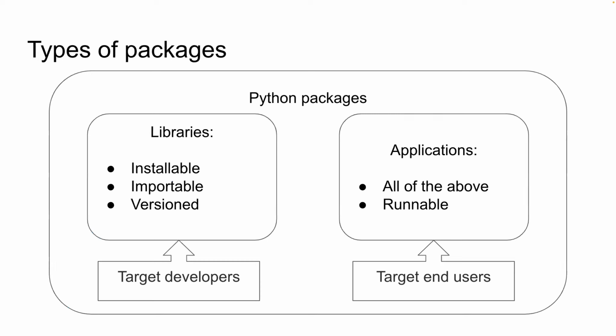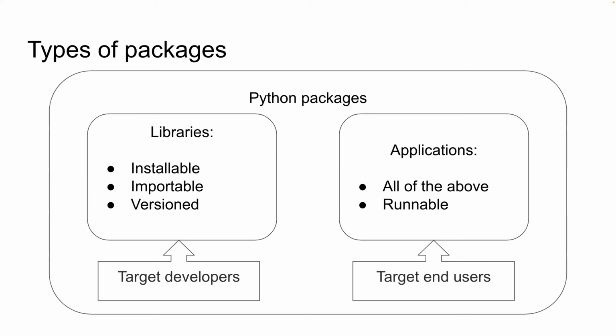Let's talk a little bit about Python packages. Mostly, when we talk about packages, we think about libraries. A Python library can be installed on your machine, imported in your environment. It usually has some sort of a version, usually numeric version, but there can be different types, and there can also be different tools for automatically versioning your packages.